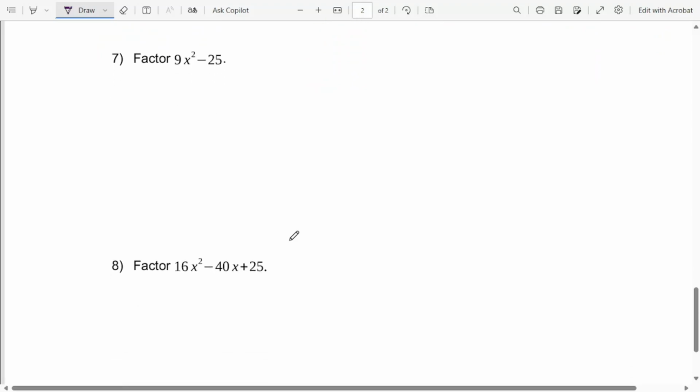Okay. Number 7, we have 9x squared minus 25. We're factoring that one. 9x squared can be written as 3x times 3x. So this fits the format of the difference of squares, a squared minus b squared, which factors to a plus b times a minus b.